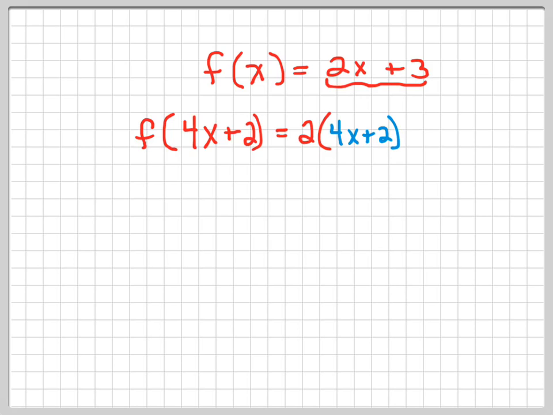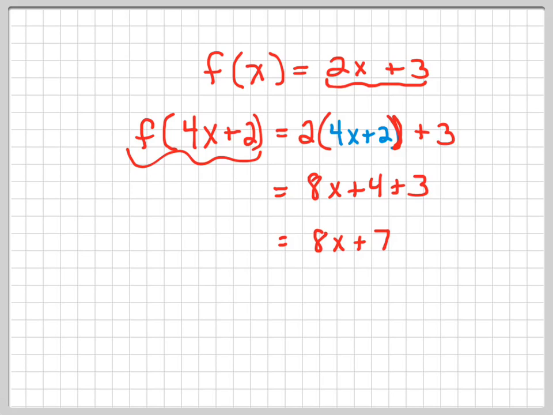So the x gets replaced with 4x plus 2, and I end up with, distributing the 2, 8x plus 4 plus 3, or 8x plus 7. And notice how I work it. I never touch the left-hand side. The left-hand side, f of 4x plus 2, I just follow the equal signs down, is 8x plus 7.